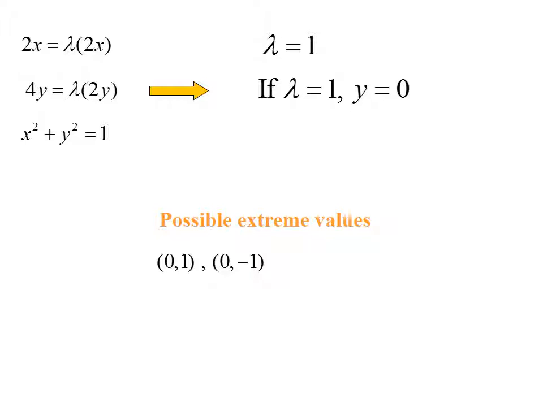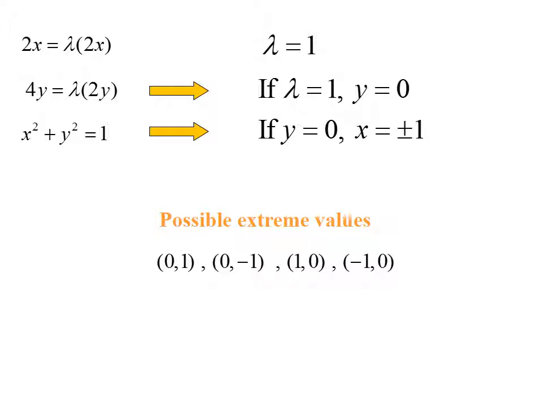Well, the only solution for 4y equals 2y is y equals 0. If we take that and plug it into the bottom equation, we would get x squared equals 1, or x equals 1 or negative 1. And so using those values, we get our other possible extreme values.